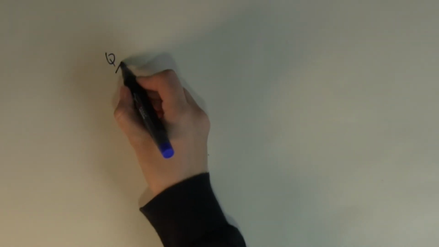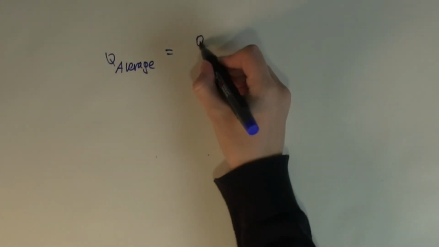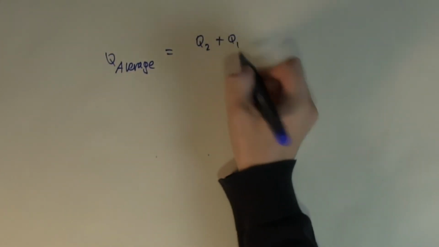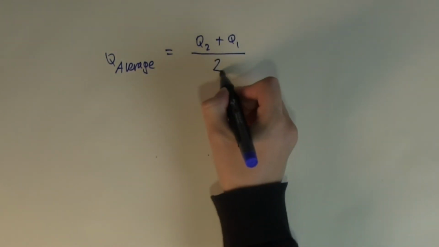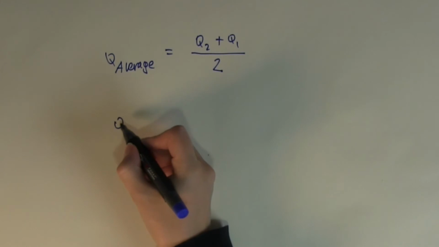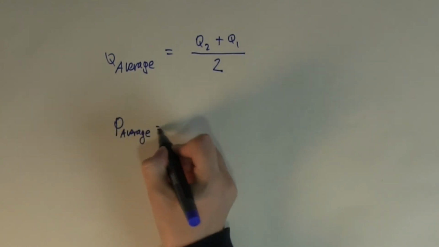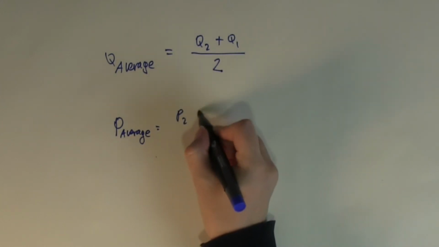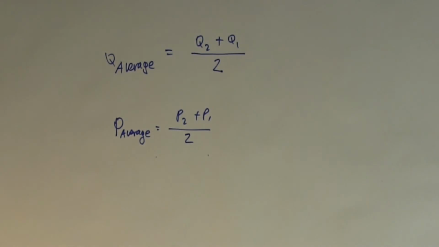The Q average is equal to the sum of the two quantities divided by the number of quantities, which is 2, and the price average is calculated similarly, the sum of the two prices, again divided by 2, because when you're calculating the average of two products, you are dividing it by 2.